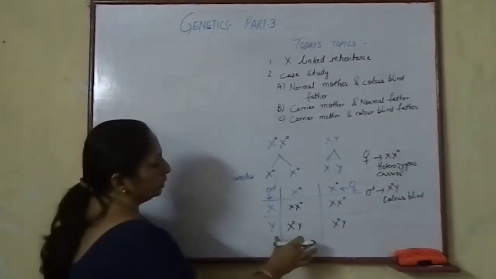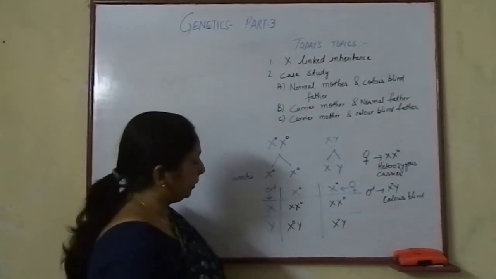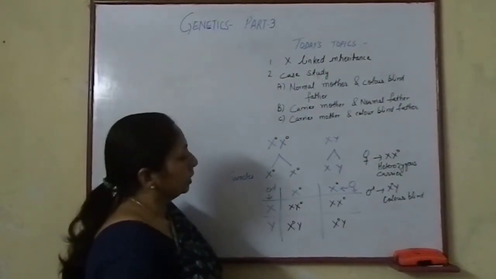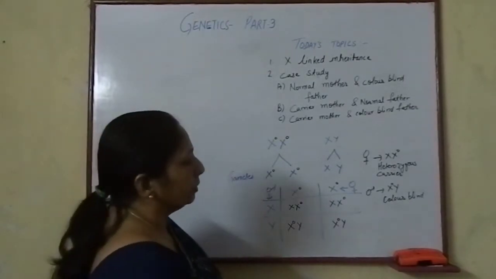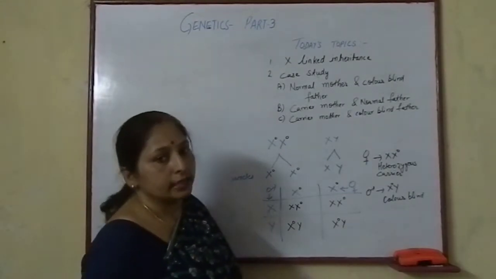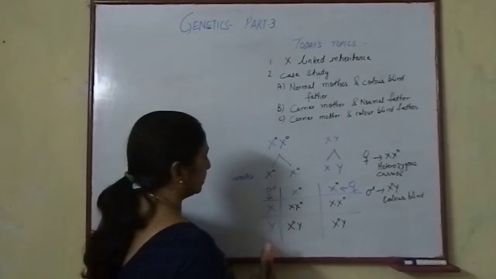So in this, all four offsprings have the defective gene. Since it is a heterozygous condition for the female, the females are the carriers of the disease, while in the case of males, a single X chromosome is present, so males are colorblind.